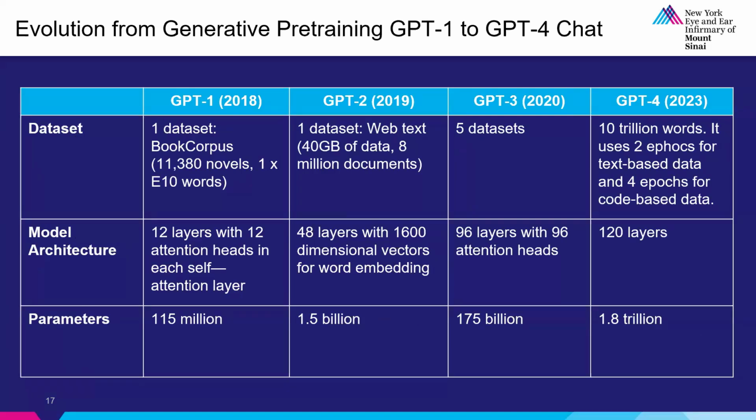Here again, I'll just point out the parameters. In 2018, there were 115 million parameters. And now in GPT-4, and this is already outdated because there's a GPT-4o model, there are 1.8 trillion parameters.